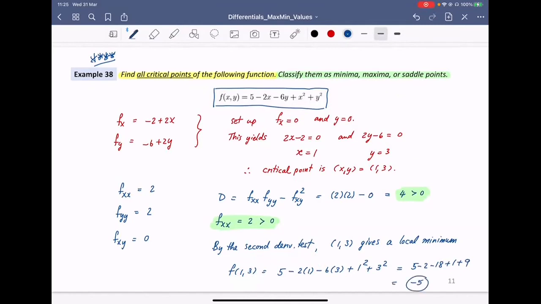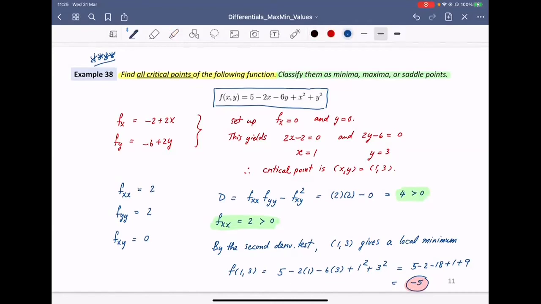So negative 5 is the minimum value, and it is attained at the point (1, 3).